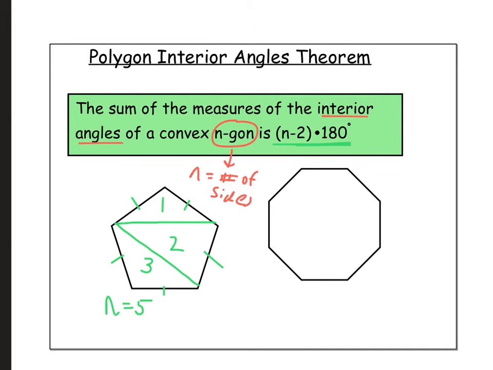Similarly, on the other figure, it has 1, 2, 3, 4, 5, 6, 7, 8 sides. And when there are 8 sides, we could get 5 diagonals there, as they're called, which would create, as we can see, 6 triangles.